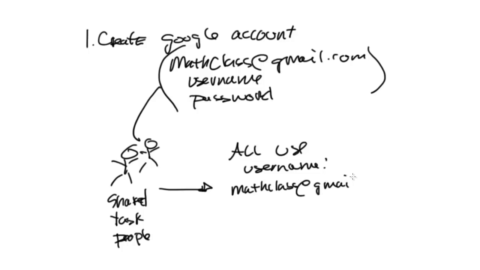Now this is only if you want to share your tasks. If you don't want to share your tasks, who cares. And then put in whatever your password is. All of you will use the same username and password. Every single one of you will use the same username and the same password. This allows you to share those same tasks that all of you will be working on.